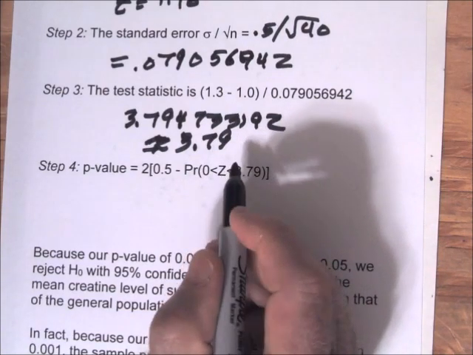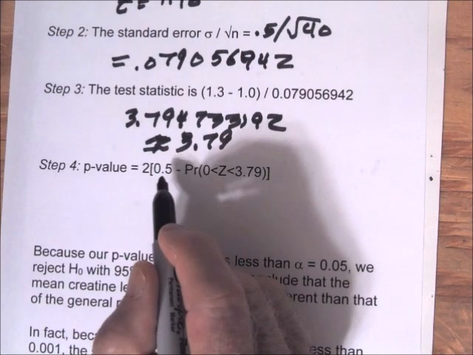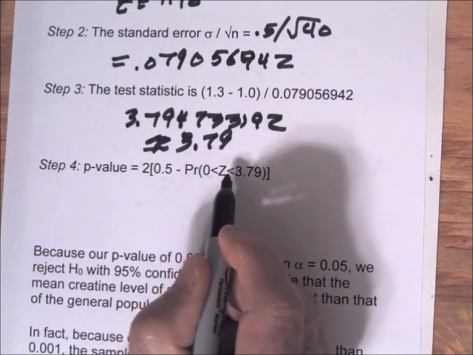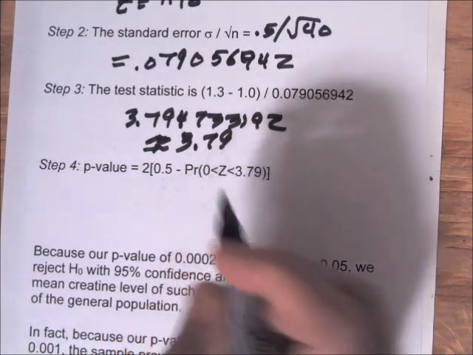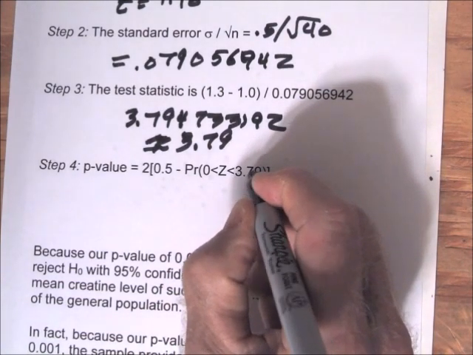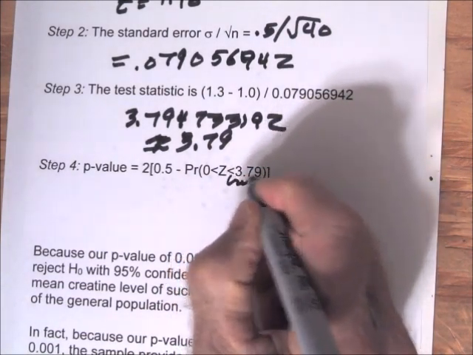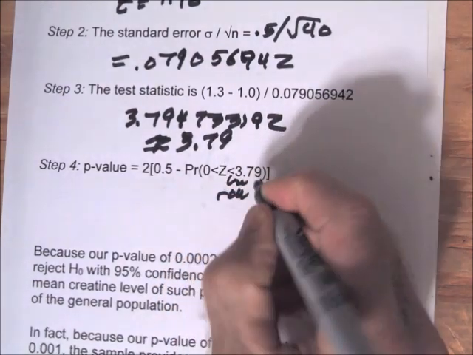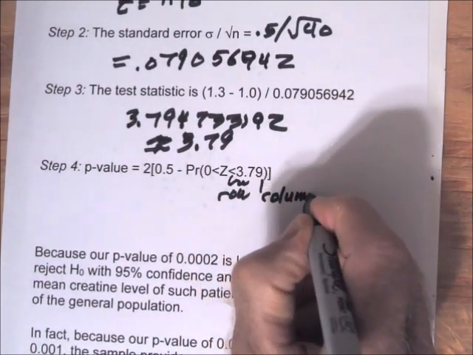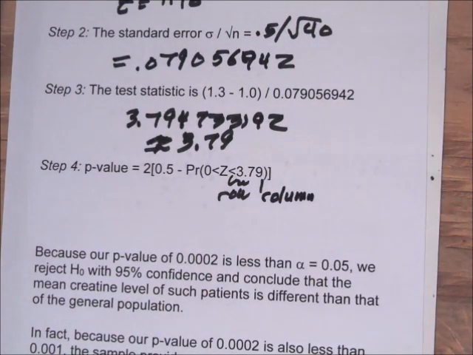Okay, so the p-value is going to be 2 times 0.5 minus the probability that z is between 0 and 3.79. So we want to look in row 3.7, column 9 of the table. Actually, the table in our book doesn't, I think, go up that high. Let's see if I can find the one in the course files.